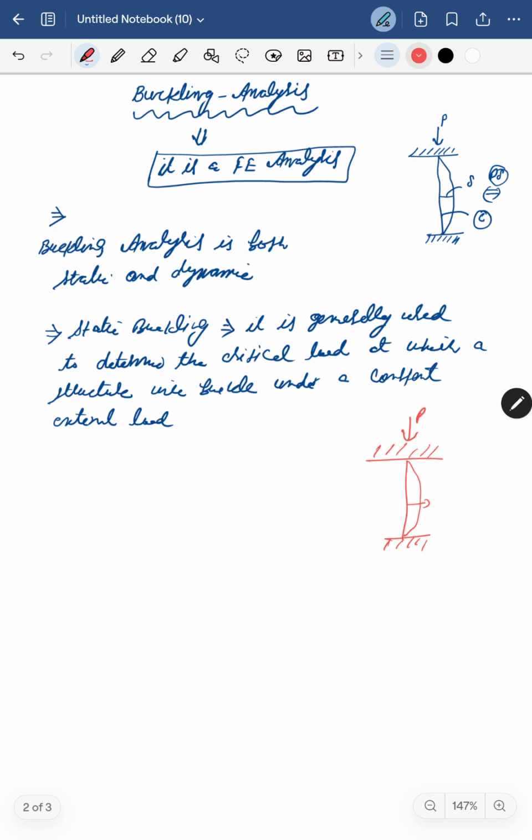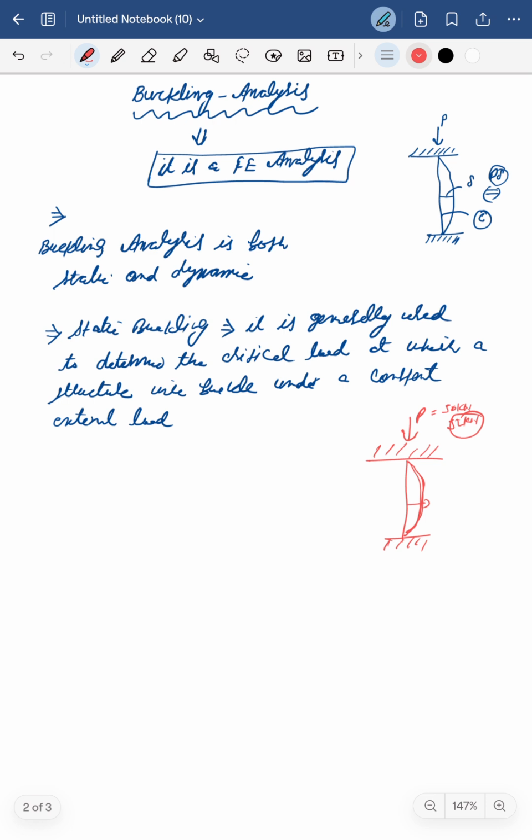Suppose we apply a load of 50 kilonewton, then it will not buckle. But if the load is increased to 52 kilonewton, then it buckles. So that is the critical load at which a structure will buckle under external load.